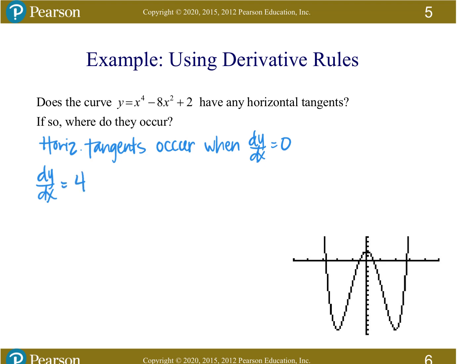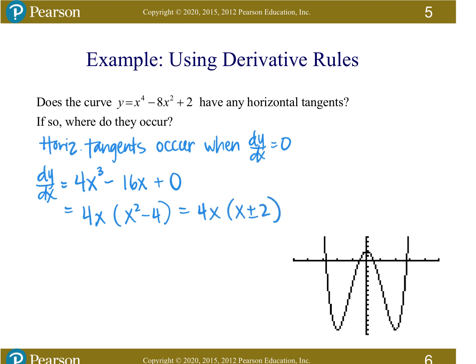So that would be 4x to the third minus 16x plus 0, which factors into 4x times x squared minus 4, which factors into 4x times x plus or minus 2.